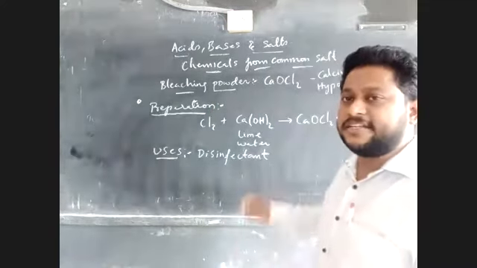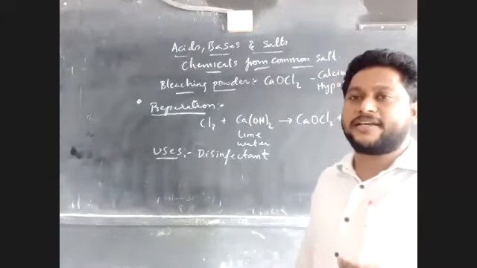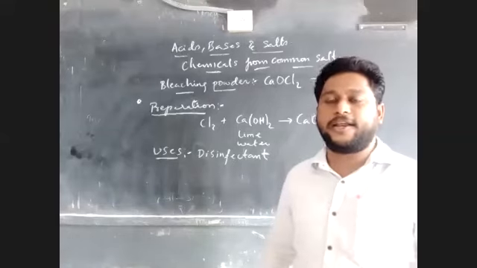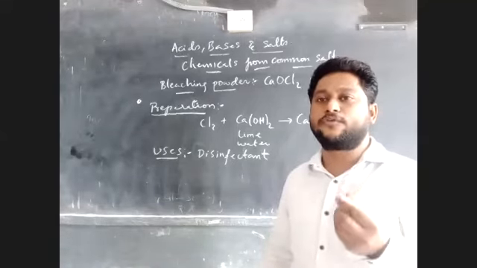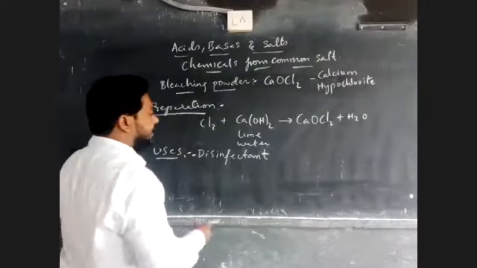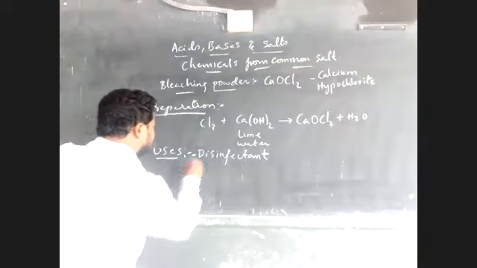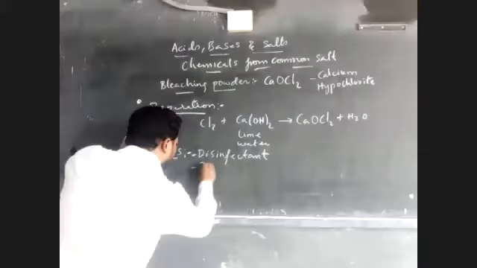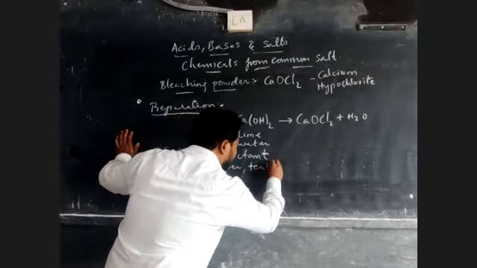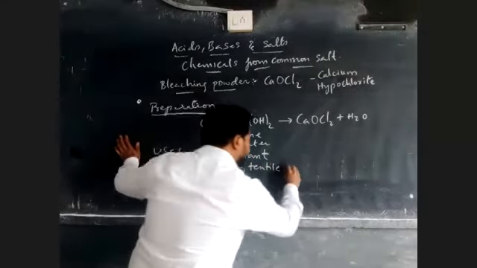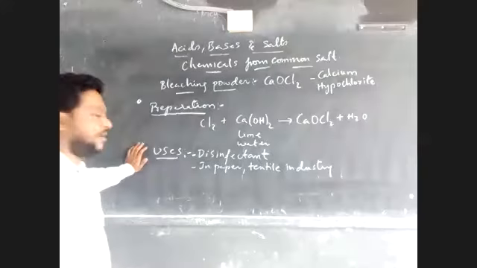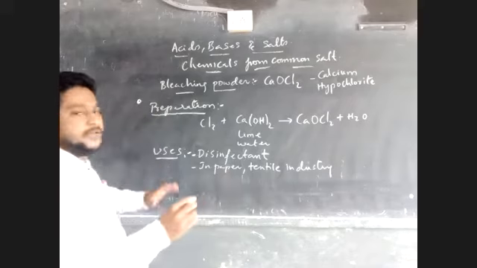Okay, it is used as a disinfectant and used in the textile industry, paper industry, laundry to clean or to remove the colors for bleaching. The first thing is it is used as a disinfectant. Next thing is used in paper, textile industry, and then to remove the color.